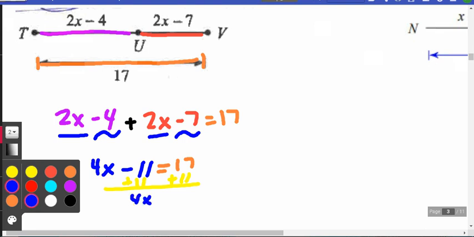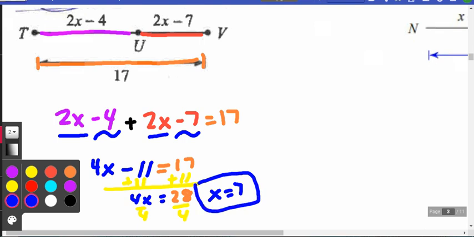That results in 4x equals 17 plus 11, which is 28. Divide by 4. X equals 28 divided by 4, which is 7. So x equals 7. That was our unknown value.